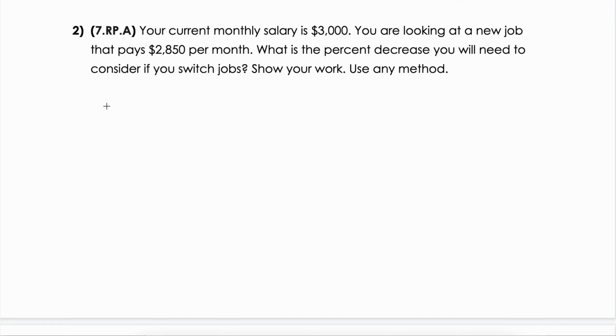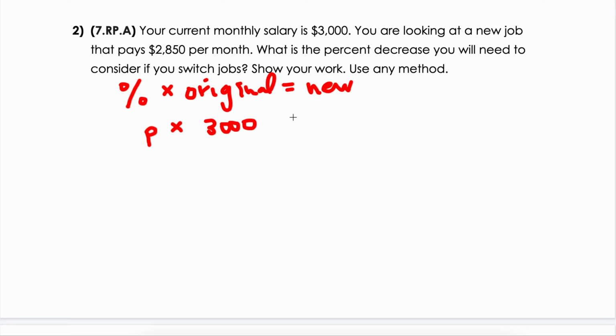Now, if you wanted to use method 1 to solve this problem, again, it would be percent times the original amount equals the new amount. And again, you don't have the percentage, so you would keep that blank, P, multiplied by your original, which is $3,000 that you are currently making, to equal your new amount, $2,850.